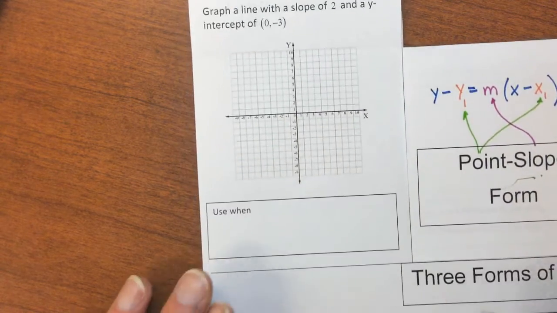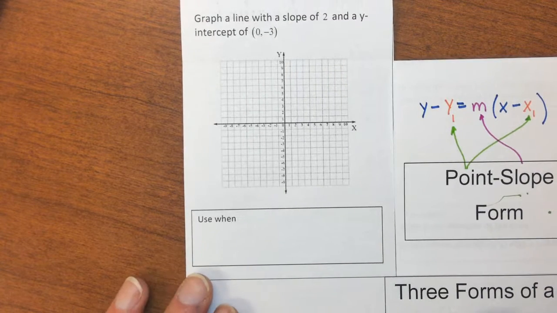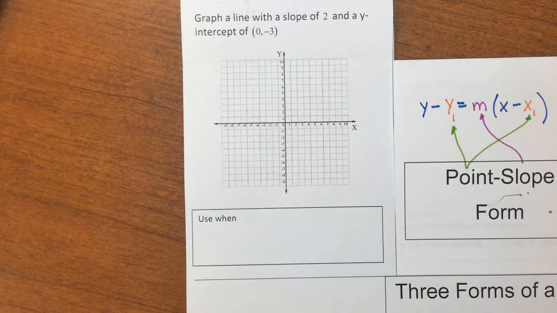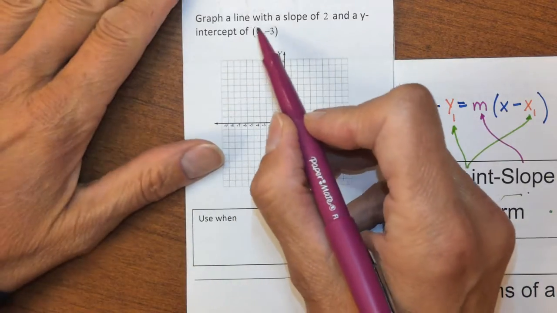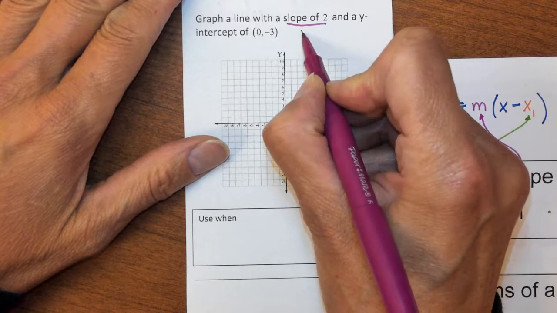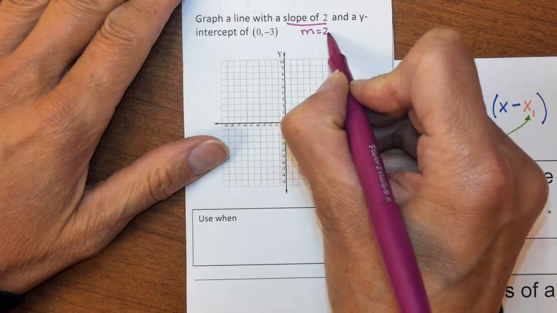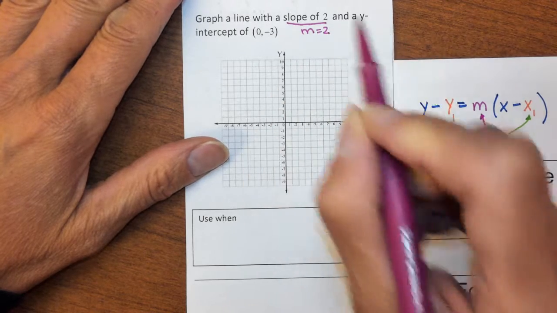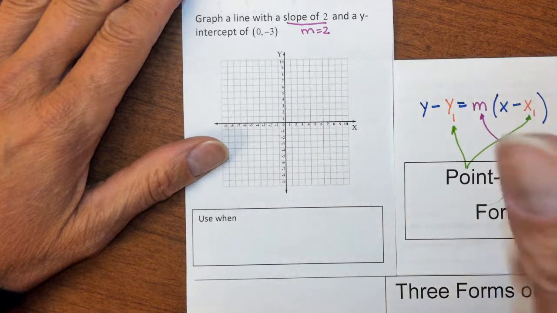Now we have a different question here. This time we're asked to graph. It's not asking for the actual line, although we are going to write it just so that you can make the connection and it might help you see things a little better. So they tell us that we're going to graph a line with a slope of 2. So here I know that my slope is 2, and then I have a y-intercept this time of negative 3.